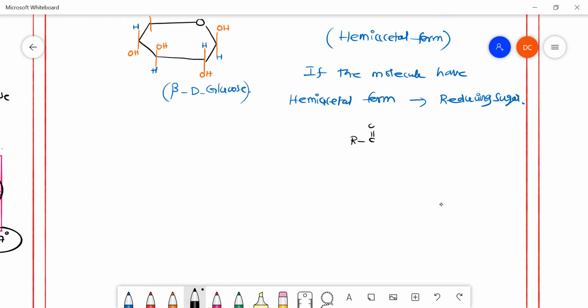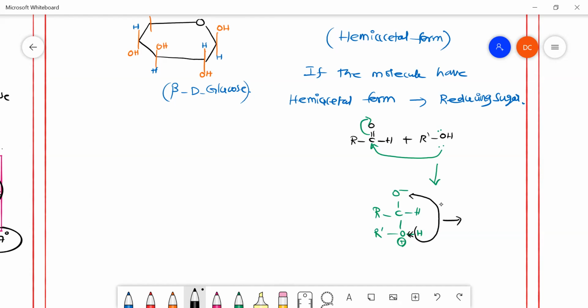When an aldehyde reacts with an alcoholic group, what will it form, Kana? Here the lone pair can go and attack and form the bond. Then what will happen? RCO minus, here 1H, here OH, and here R dash, along with that a positive charge here. Then oxygen will try to pull the electron from hydrogen, and this will leave as H plus, and that will go and attach to the negatively charged oxygen.